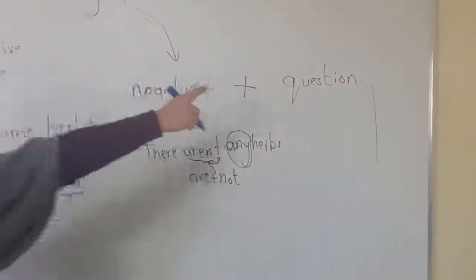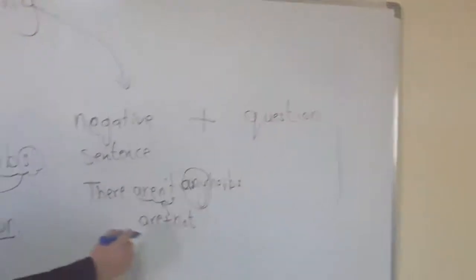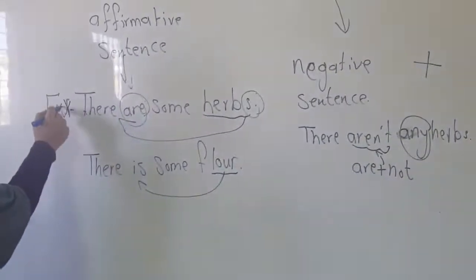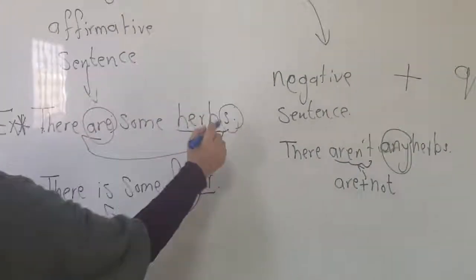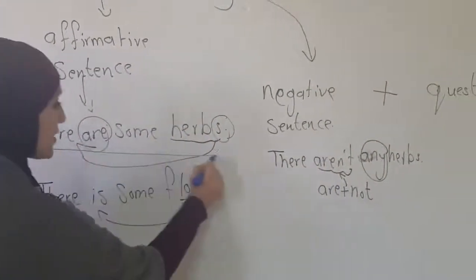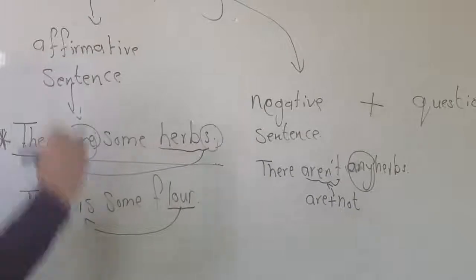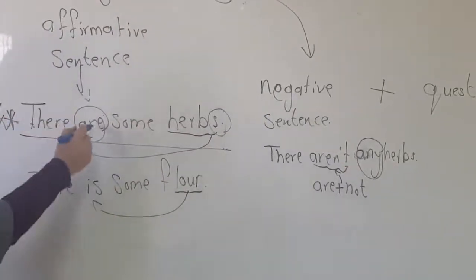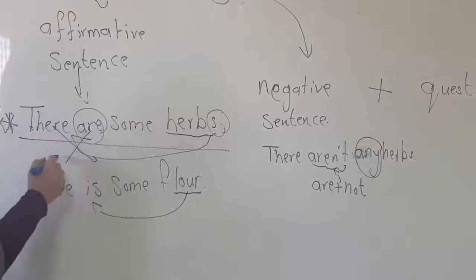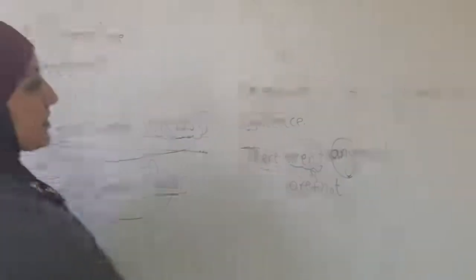Now, question. Let's move to the first example. نرجع لأول مثال. There are some herbs. الافيرماتيف سنتنس هاي نفسها بدي احولها لكويستشن. تتذكروا يا خامس شو عملنا؟ حركة الضرب التبادلي. Do you remember? Yes.